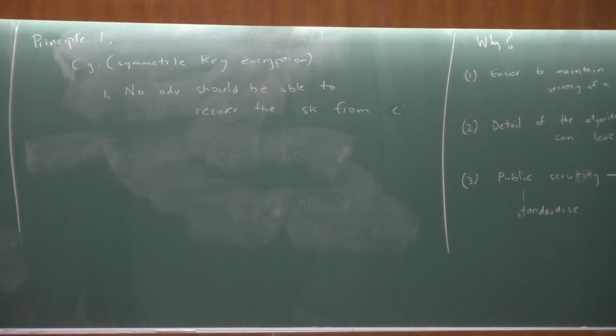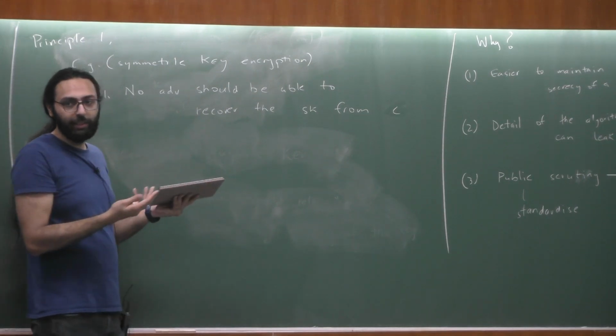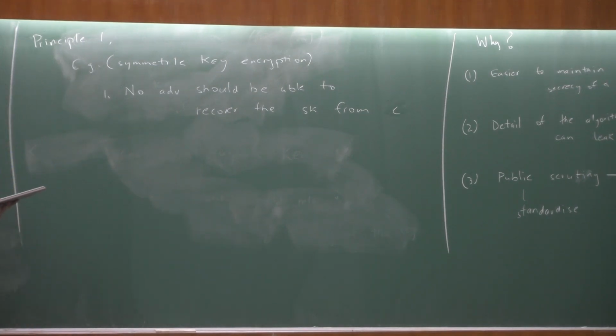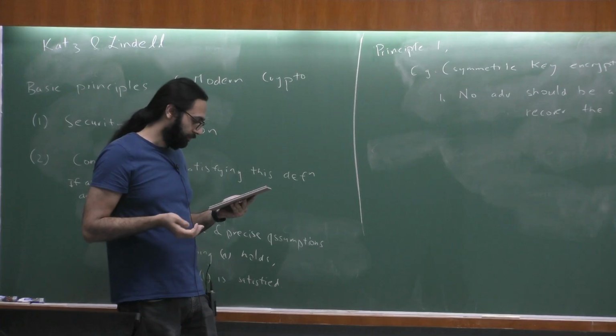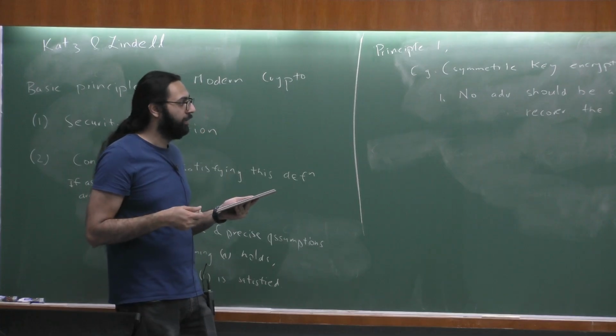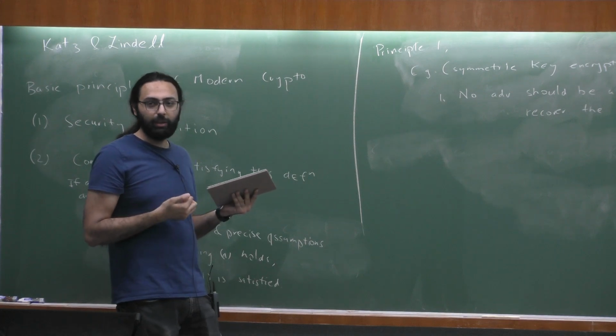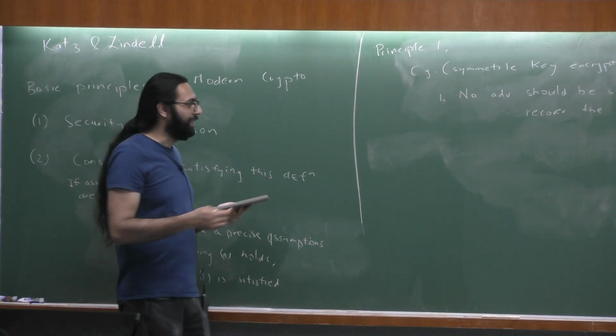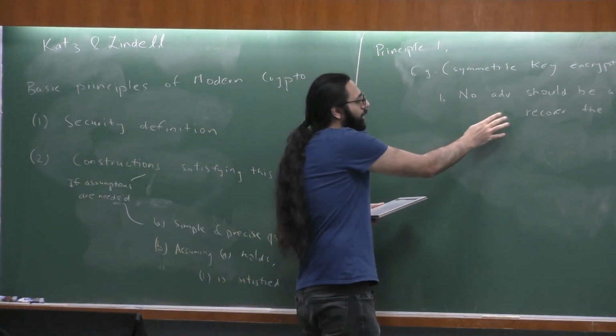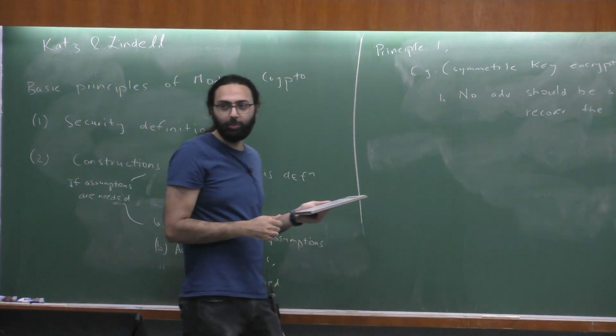Clearly, because if they could recover the secret key, then the encryption scheme is broken. This is kind of clear. But the question is, is this a reasonable notion? Can you think of an encryption scheme which would immediately satisfy this property and nonetheless would be completely insecure?